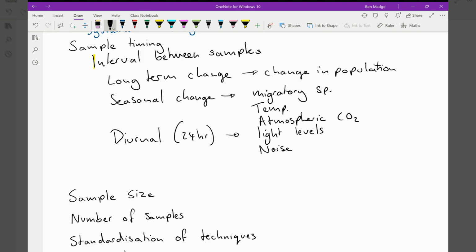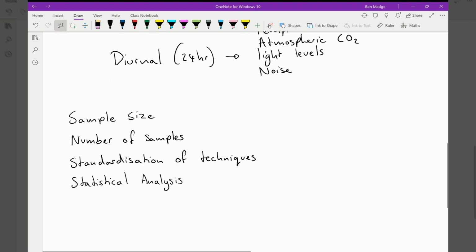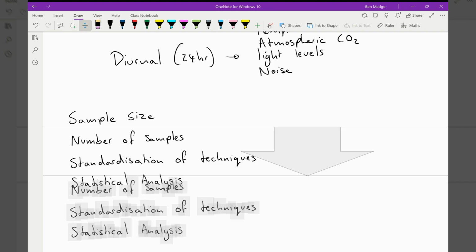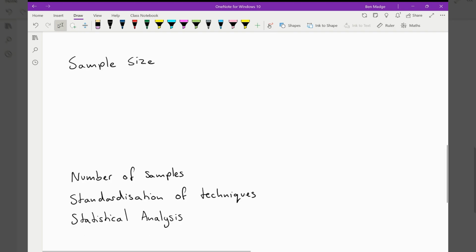So the next one then is sample size. And this is a bit confusing. You think, oh, sample size means how many samples it is. But no, what it actually means is how big a sample.